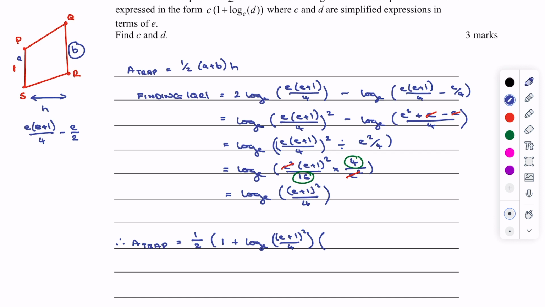And then times the height, which is e plus 1 on 4, minus e on 2. But I might take that step back and just write that as 2e on 4.